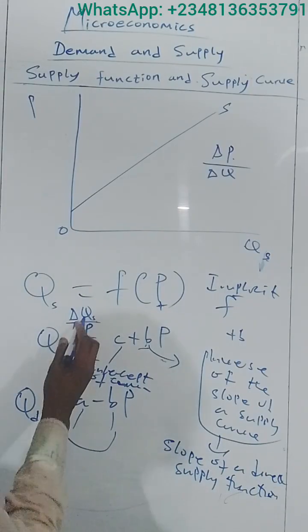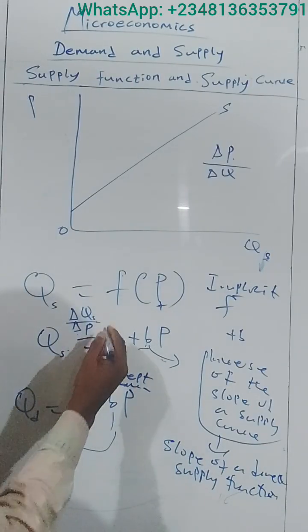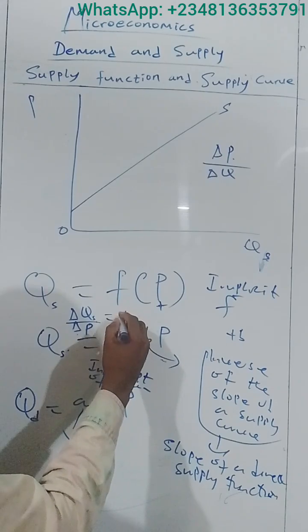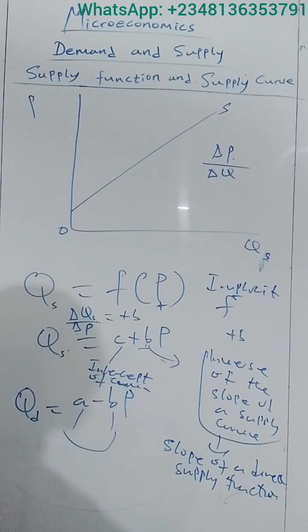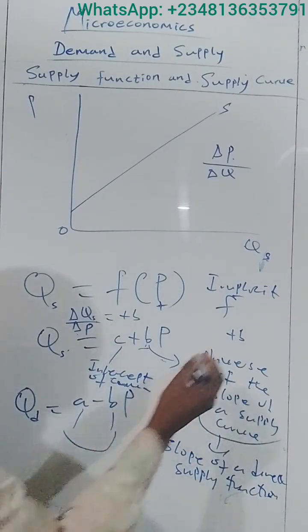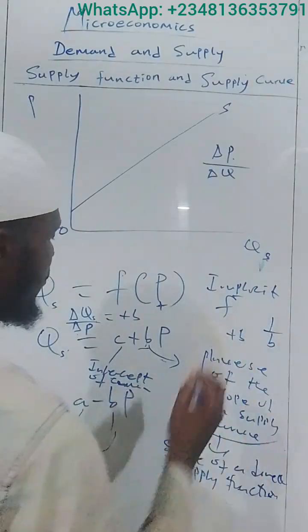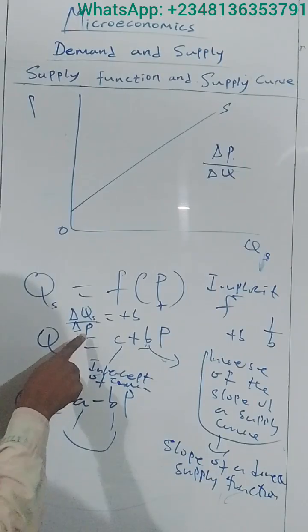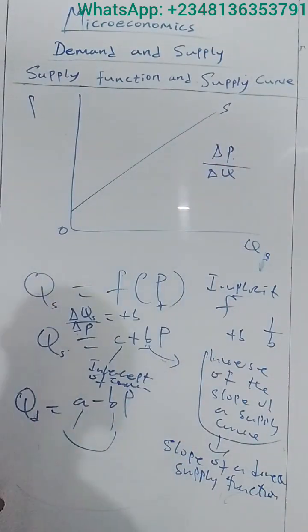You can see that the change in Q over the change in P here is equal to plus b, but here, the change in P over the change in Q is equal to 1 over b, because this is the inverse of this. Hope that is clear. In our next slide, we're talking about how to graph a supply function. That will make you understand this better. Thank you. See you in the next video.